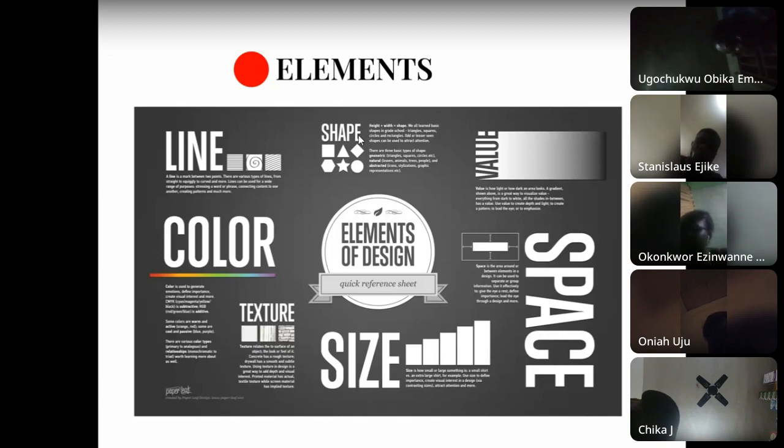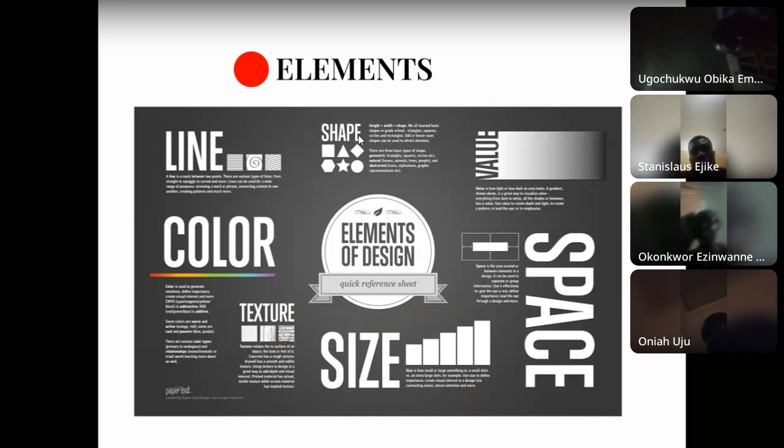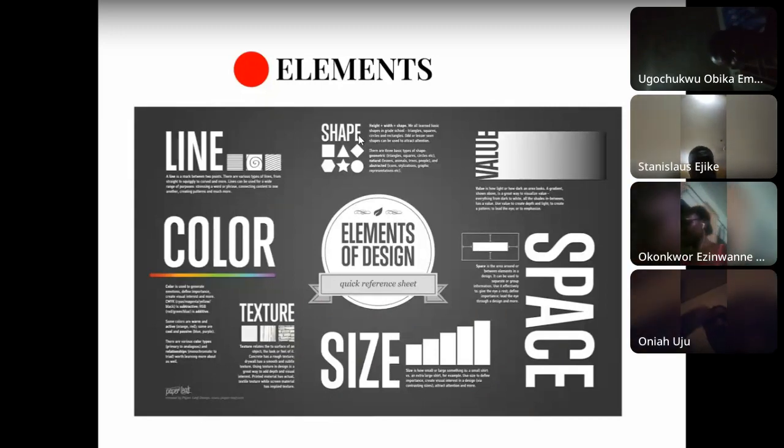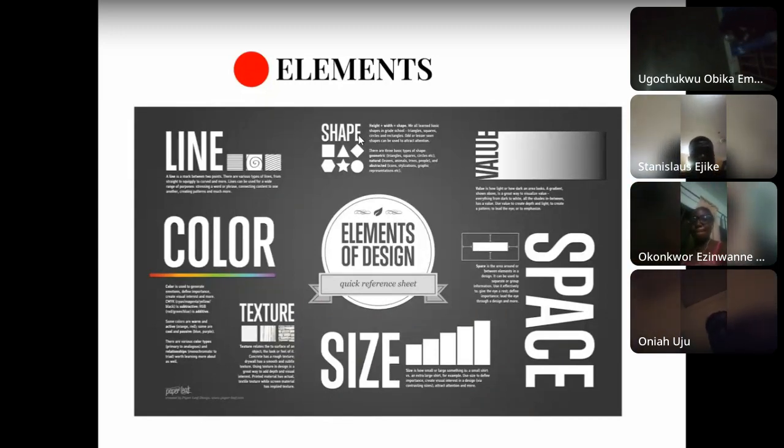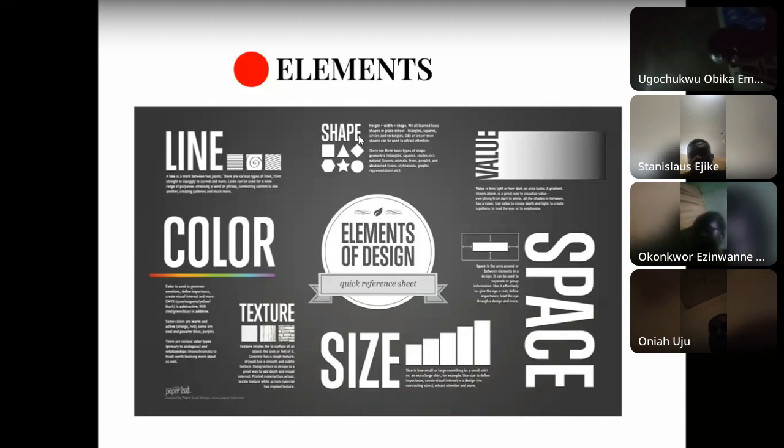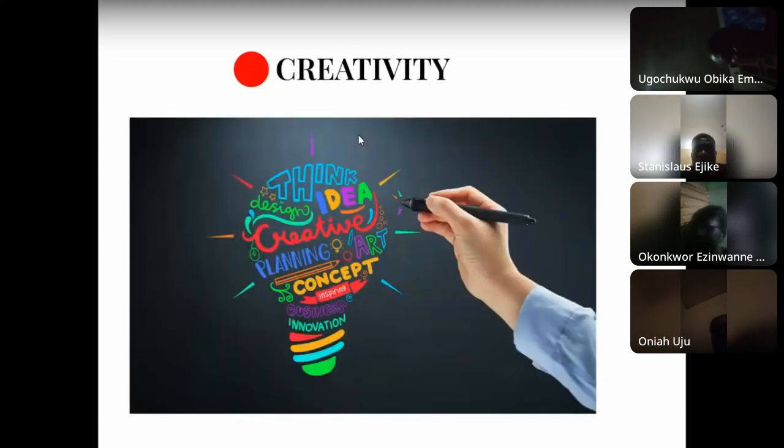So it's very important how you can play around with your space, how you can play with sizes, how you can play around with texture, color, line, and shapes. This gives you elements. And finally, like I used to say, even if you don't know much about color, typography, or most of these things I've said, the last thing that is very important is that you need creativity.